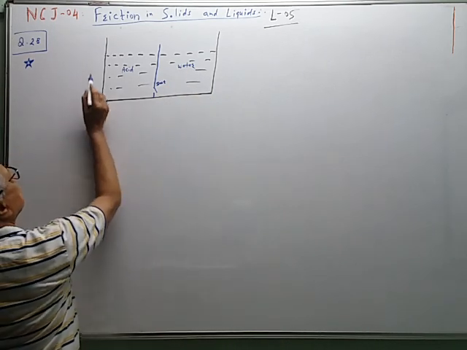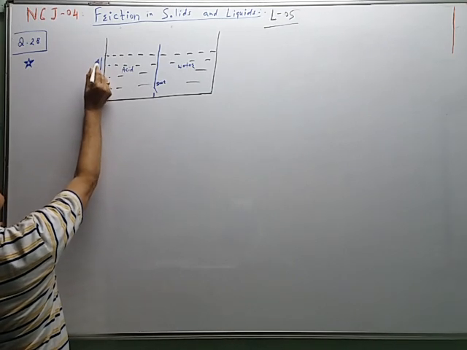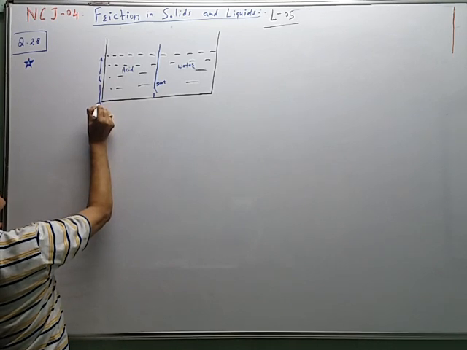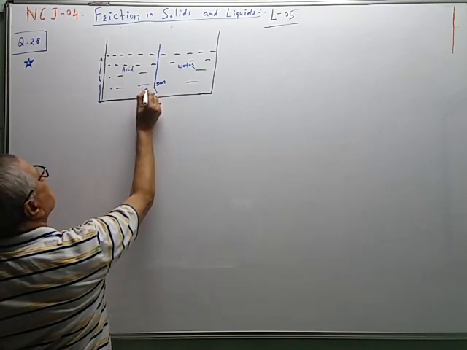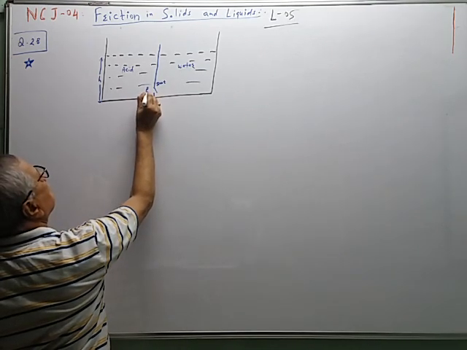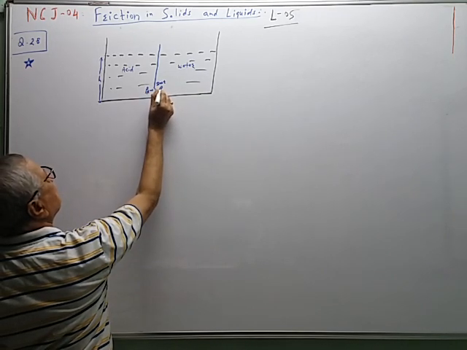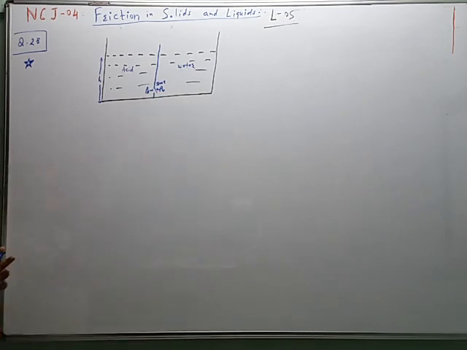So this height is h. Height of the acid and water column are the same. So this is P acid from this side and P water from this side. They are unequal because of density, because pressure is equal to h rho g.